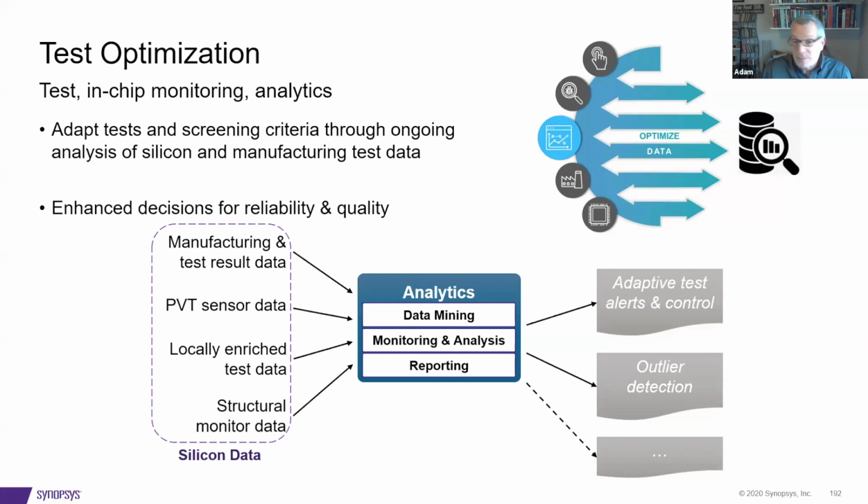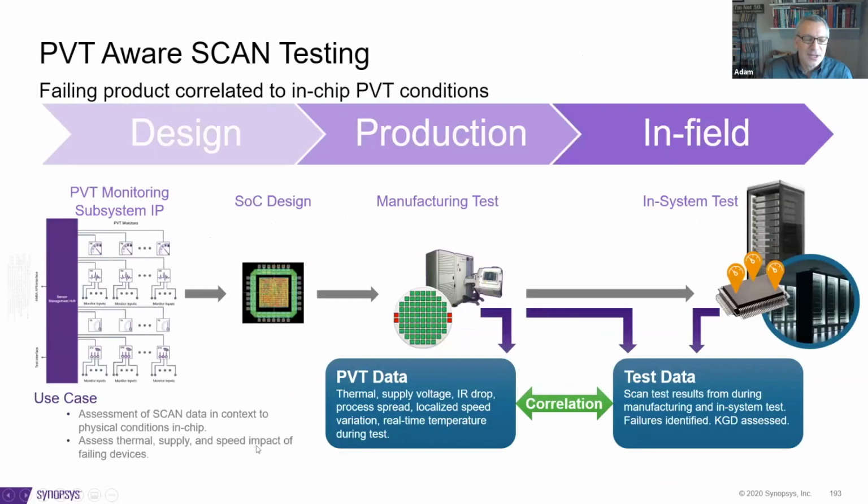So we can do maybe what Dave suggested. For example, we can preempt our observation on one device by moving the current source around or moving temperature around a little bit to help mitigate some of the issues that are about to come up from the pattern that's about to be applied. So this is interesting technology to be used for adaptive test control, or outlier detection, or some other kinds of interesting things.